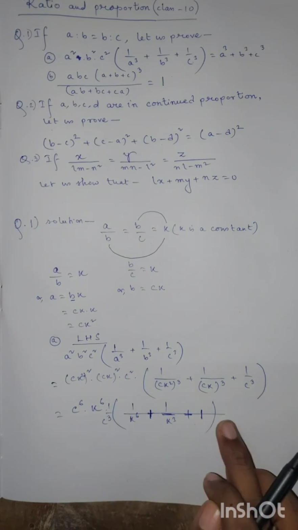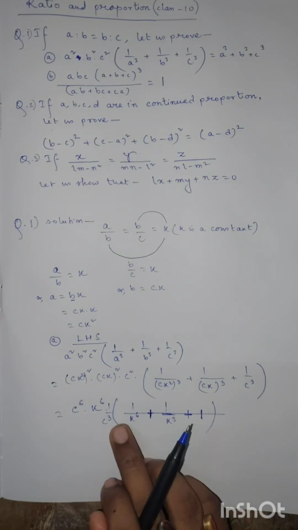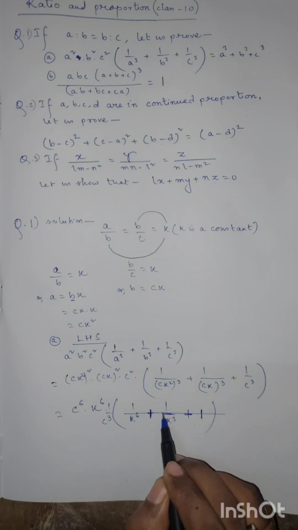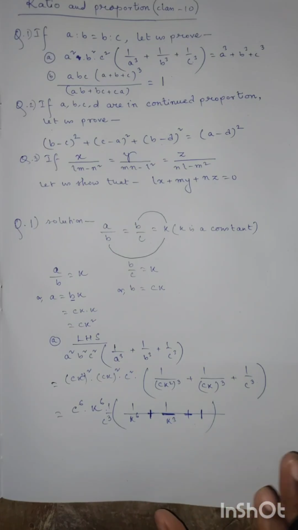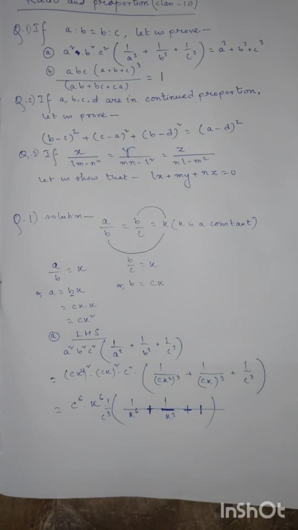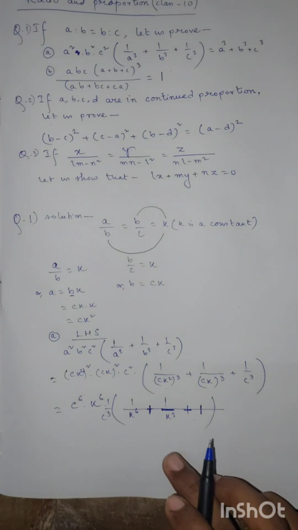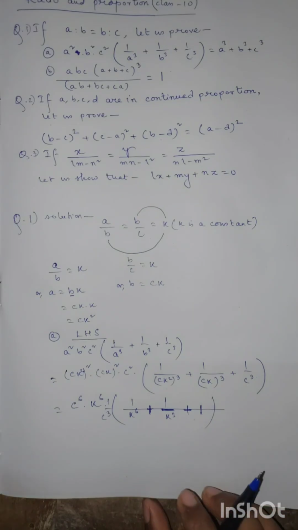Ignore this line, I have mistakenly done that. So we have 1 by k to the power 6 plus 1 by k cube plus 1.